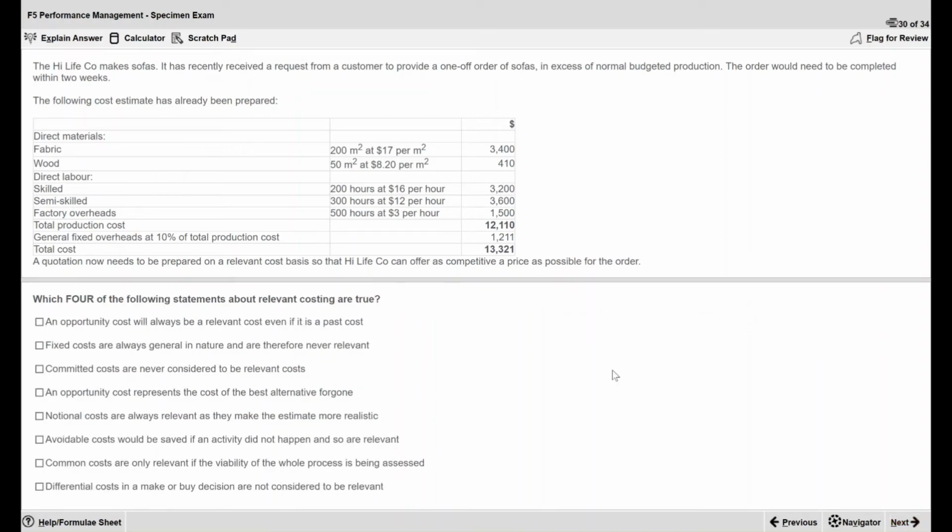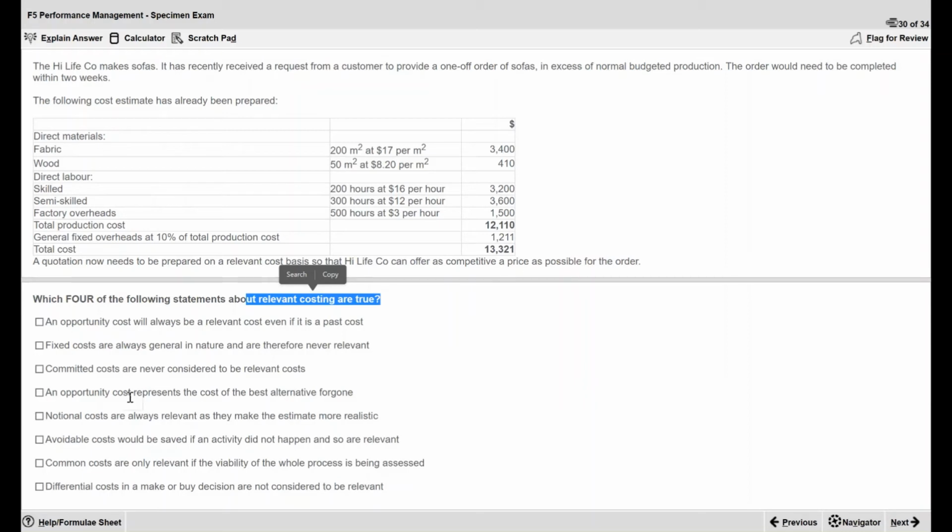Which 4 of the following statements about relevant costing are correct? An opportunity cost will always be relevant cost, even if it is a past cost. Remember, the costs that relate to the past are called sunk costs, and sunk costs are not usually relevant. This is not true. Fixed costs are always general in nature and therefore never relevant.